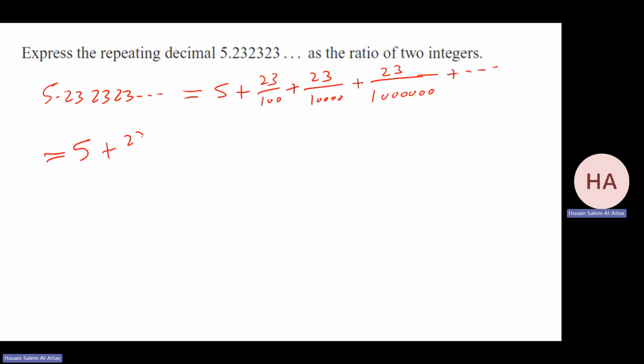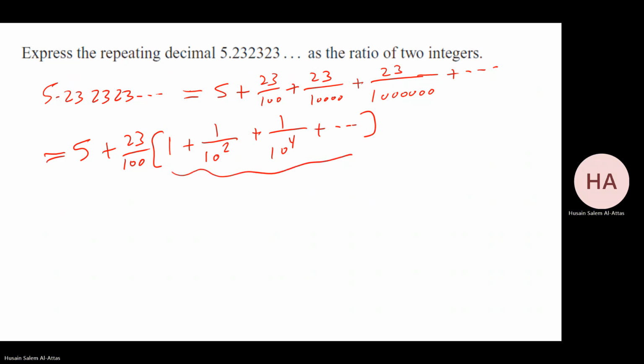So I take 23 over 100 as a common factor. What's the remaining? 1 plus 1 over 10 squared, which is 100, plus 1 over 10 to the power 4, and so on. So I care about this. This is A equals 1 and R equals 1 over 100. The absolute value of R is less than 1, so it converges.